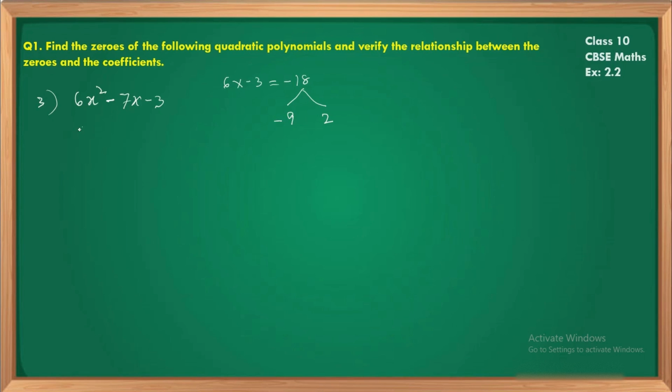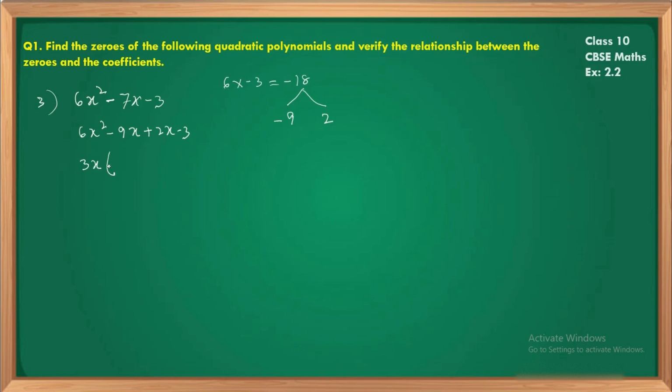Now let us write down 6x squared minus 9x plus 2x minus 3. Minus 9x and plus 2x gives you minus 7x. Now we have formed a total of 4 terms here. Now further, here you have 3 as common factor with x. 3x is common.